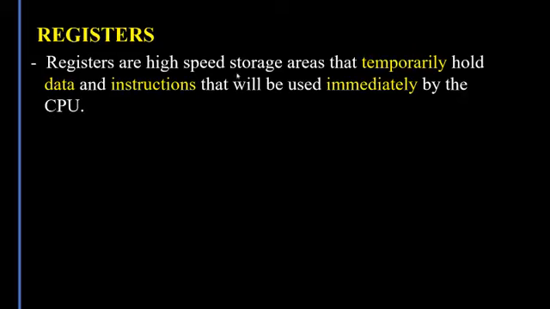Meaning that data to be stored in registers should be that kind of data that is to be used by the CPU immediately. So the data that is not being used by the CPU immediately cannot reside in registers. Instead, it will be in random access memory or RAM.